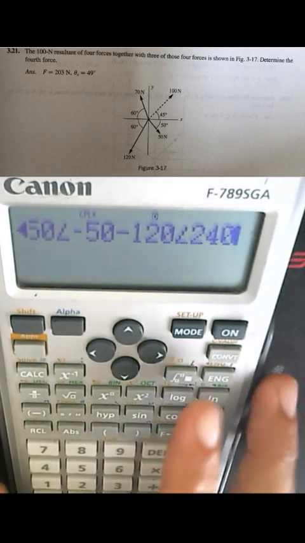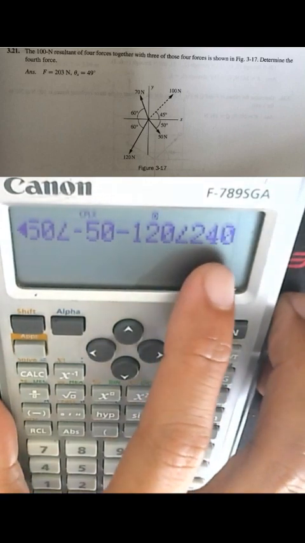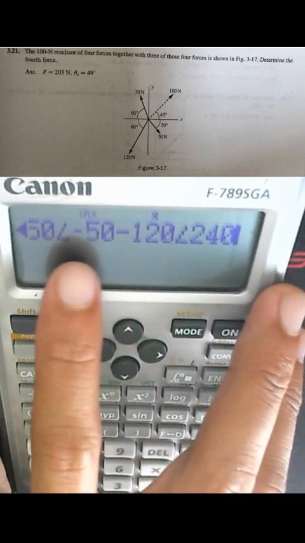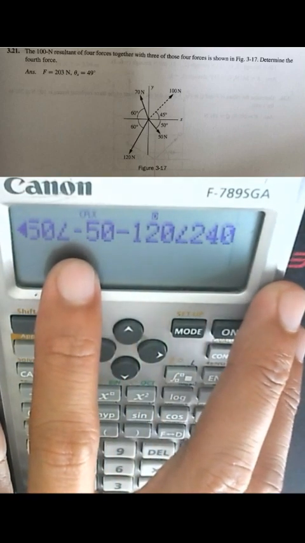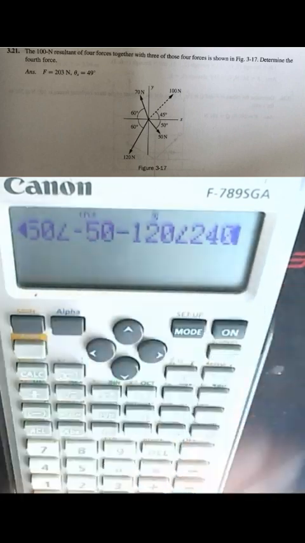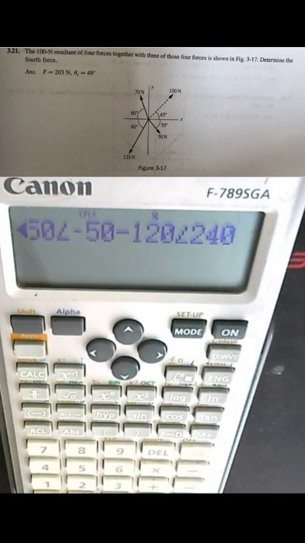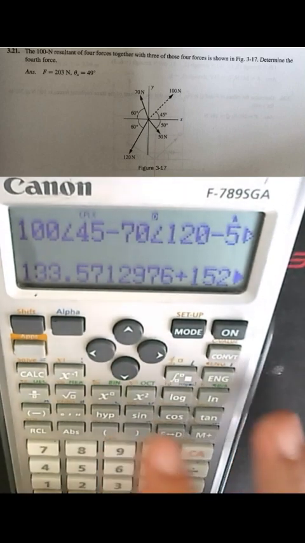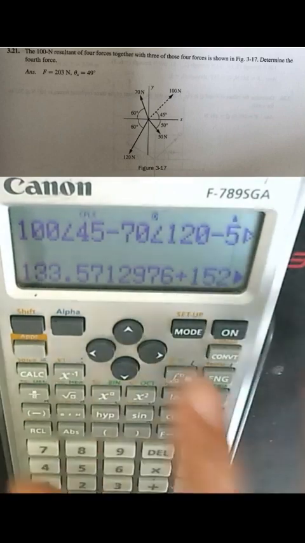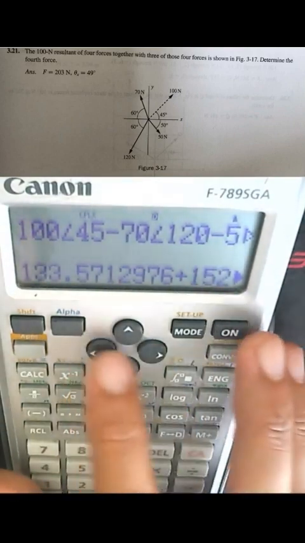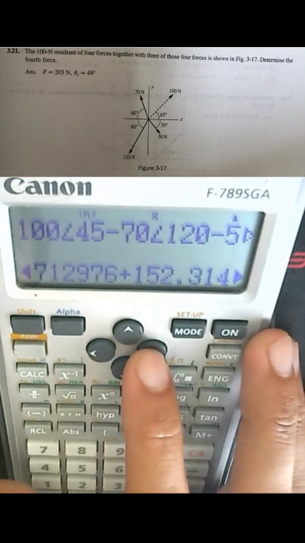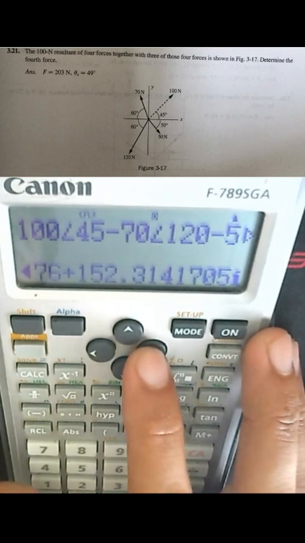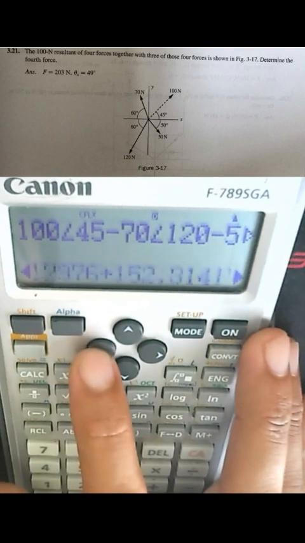So in getting the angles, you can use the counterclockwise rotation, and at the same time you can use the clockwise, but it should have a negative symbol because you're going in a clockwise direction. Okay, so press equals, and the answer from the results is 133.57 plus 152.31 i, which is the imaginary.